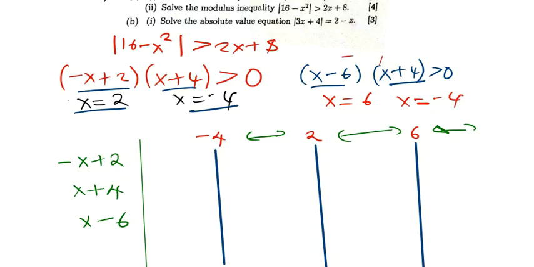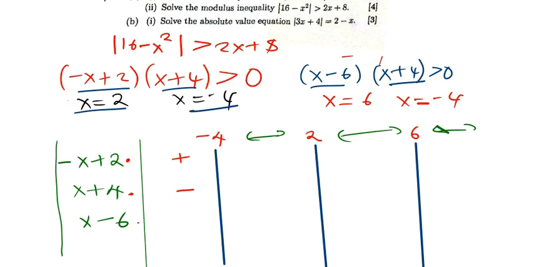Think of a number that is less than negative 4. So I can think of negative 5. Now let's try to plug in negative 5 here. So that would be positive 5 plus 2, so that would be a positive. Plug in negative 5 here to be a negative 1.